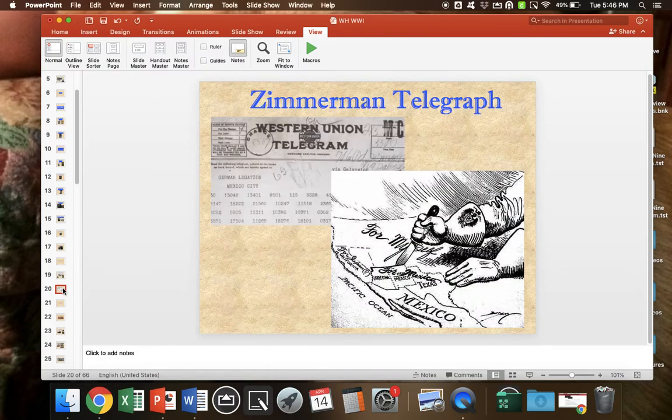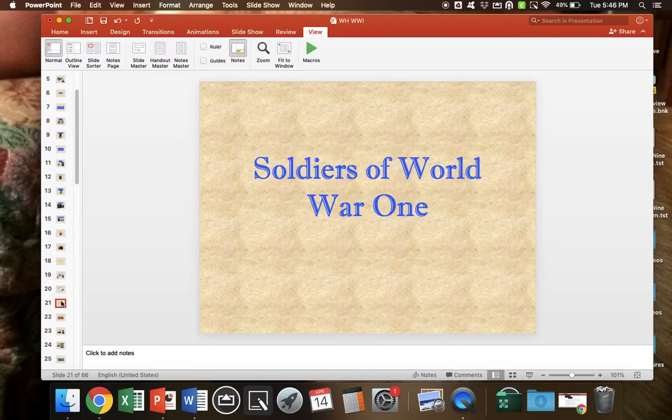And then the second reason, again, that we go into World War I is the Zimmerman telegram. And again, this political cartoon is used to show the outrage that the United States felt at Germany saying, hey, Mexico, you can just take part of the United States. And so now the United States is in World War I.